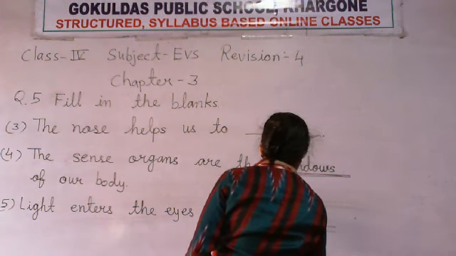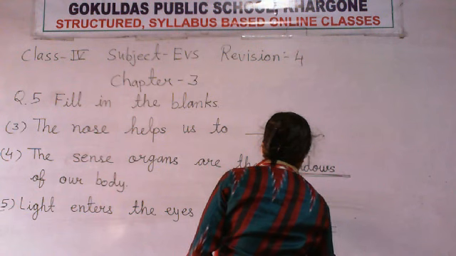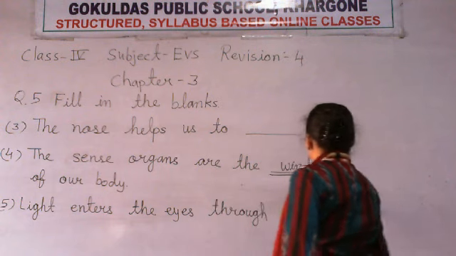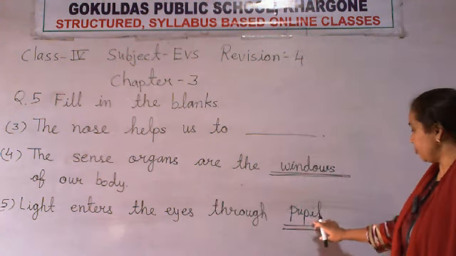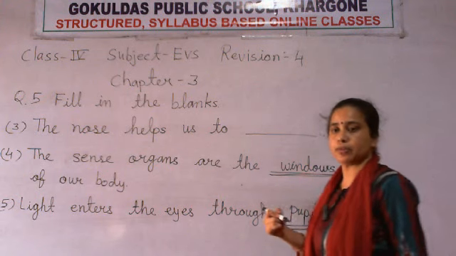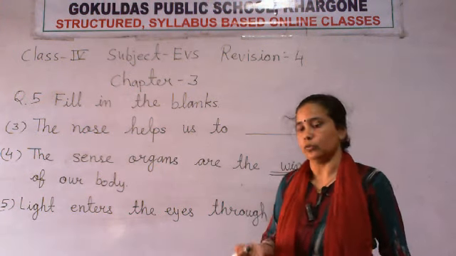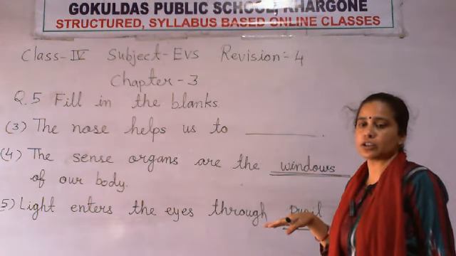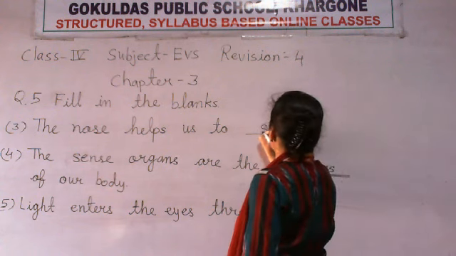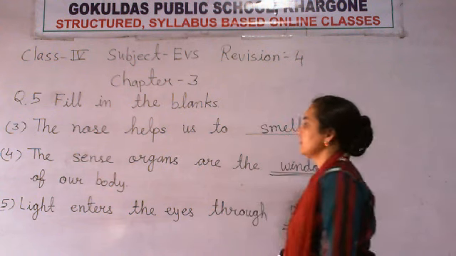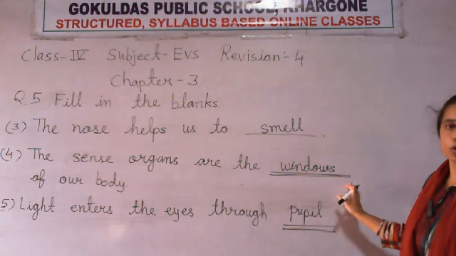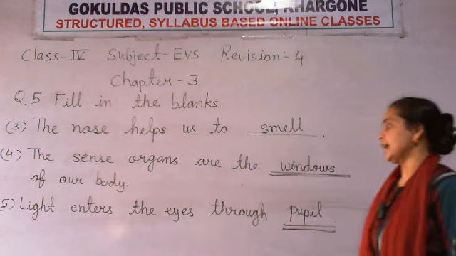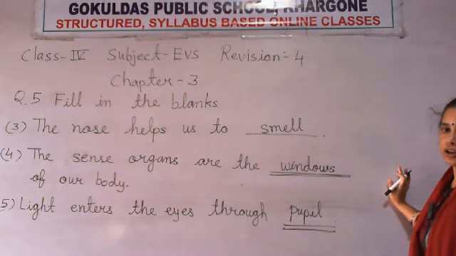Is it clear? Which part of your eyes helps to enter the light in the eyes? Pupil. Through the pupil means light enters your eyes through the pupil. Okay. Number 3. Once again, the nose helps us to. What is the function of your nose? To smell. Now the sense organs are the windows of our body. Clear? Light enters the eyes through which part of your eye?